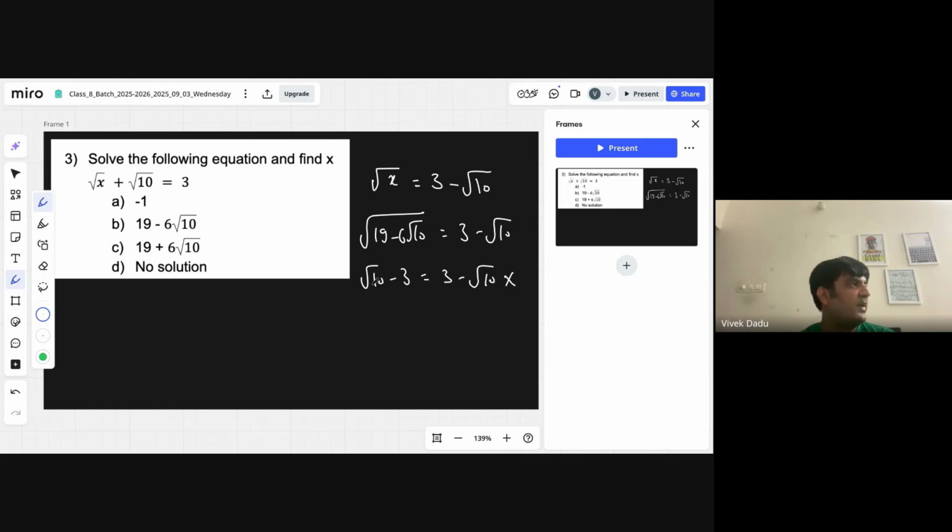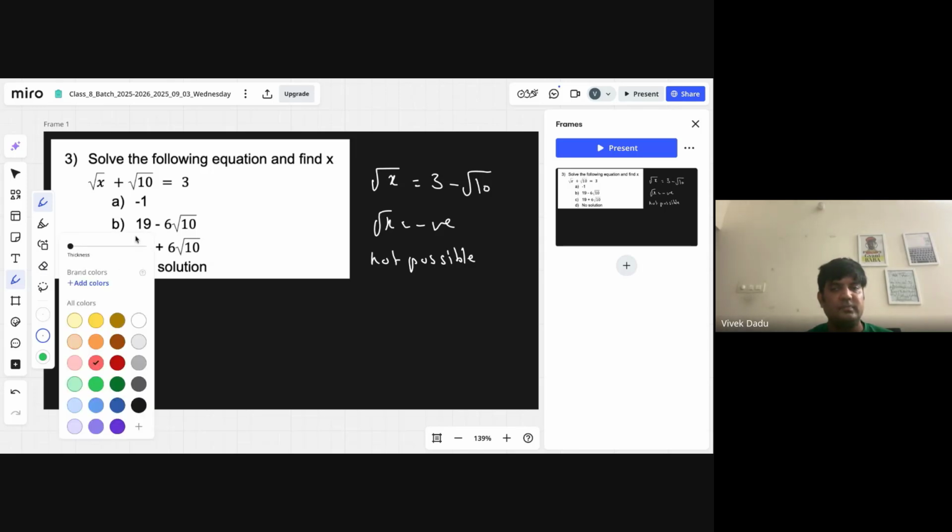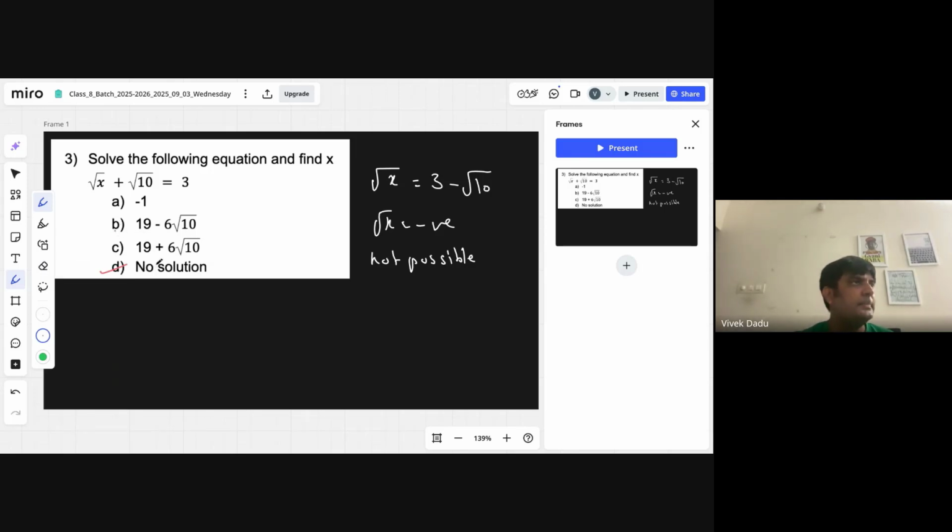It is not satisfying. So that is why I am not asking you to go there and verify. I am saying right here that you will get no solution. Why? Because root x is equal to a negative value, which is not possible. Root of anything is always positive. Getting?